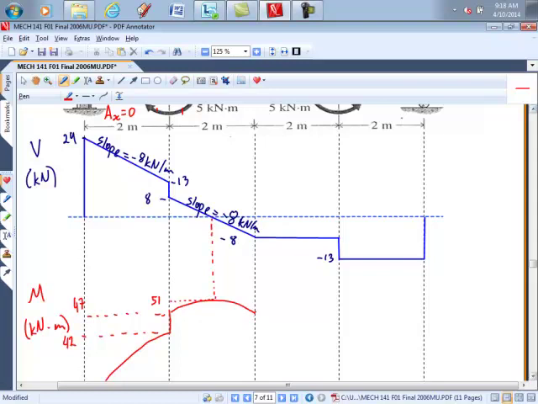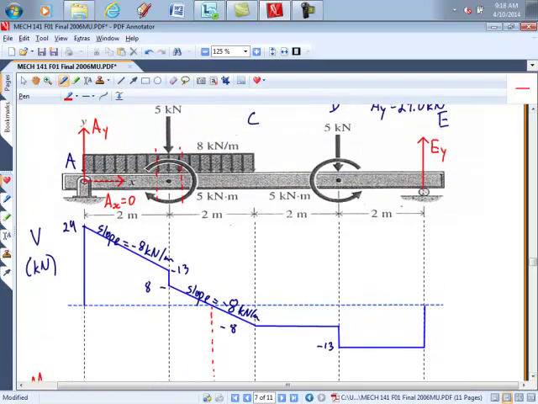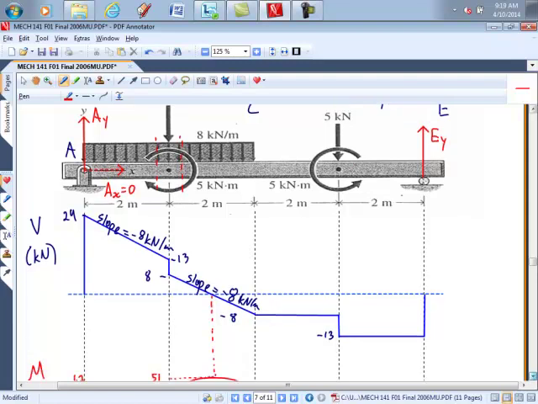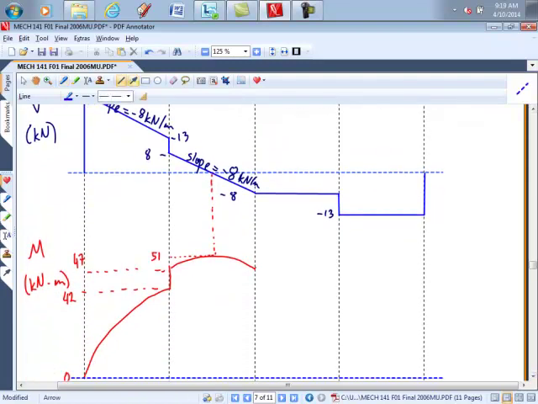What's going to happen between C and D? Right, it's going to be a straight line with a slope of -8 for 2 meters. So if it's a straight line with a slope of -8 for 2 meters, starting at 47, what value is it going to go down to? 31.